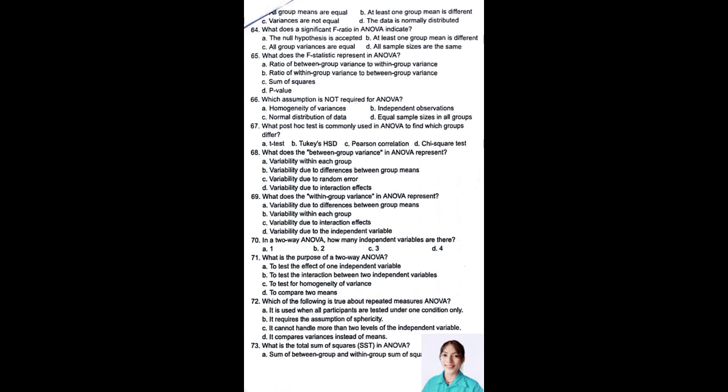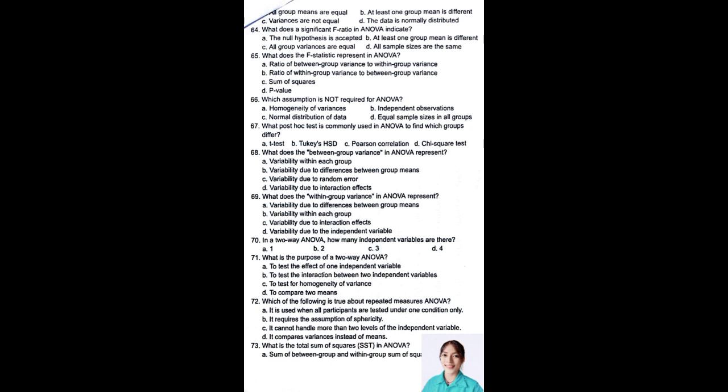Then we have number 66, which assumption is not required for ANOVA. As you can see, in the four options, all are assumptions required for ANOVA, but there's still one option that is not required. So option D, equal sample sizes in all groups, is the assumption that is not required for ANOVA.